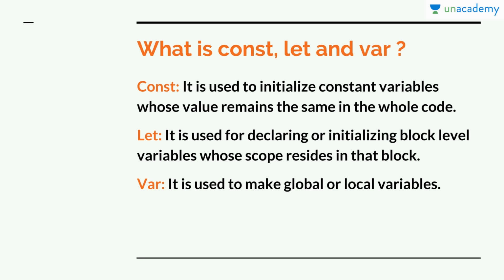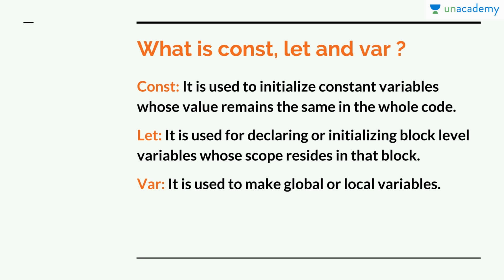Suppose I have written a for loop, and in the initialization part of the for loop, I have to declare a variable. If I declare it with var, that variable will reside outside the for loop, but let will help us to declare a variable that is available only in that for loop. So it is very useful in some cases.